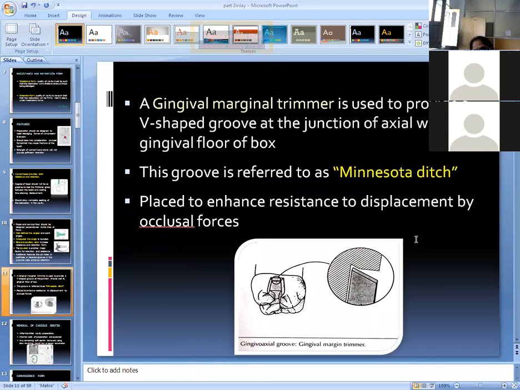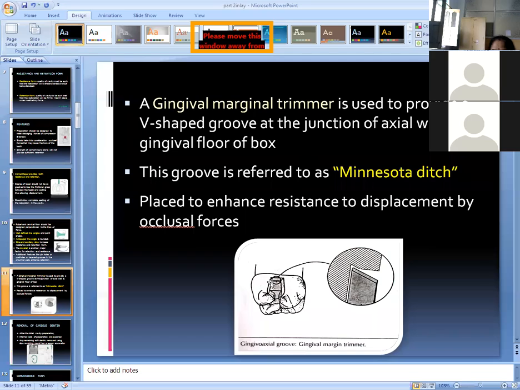Then the most important hand instrument, which we talked about last time also, is the gingival marginal trimmer. It is used to provide a V-shaped groove at the junction of the axial wall and gingival floor of the box.